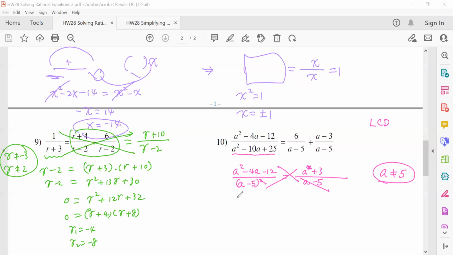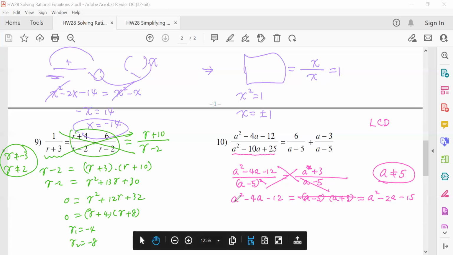Crossing here, only one left, so we can make it way much easier. So a minus 5, a plus 3, right? So actually the right part will do some further transform. 2a minus 15. Right? So we just skip them this step.